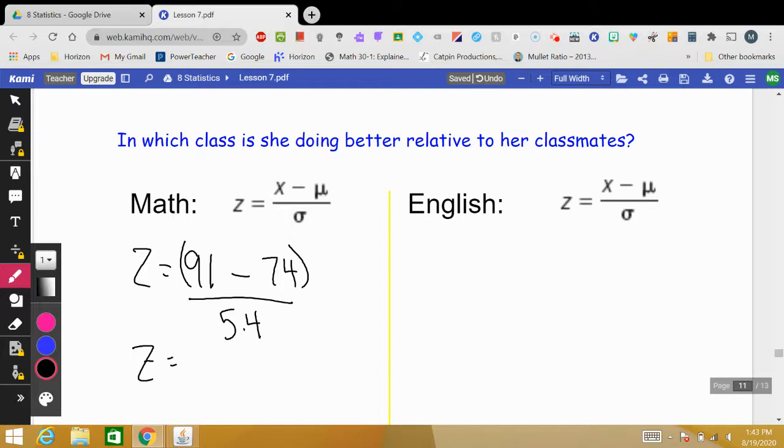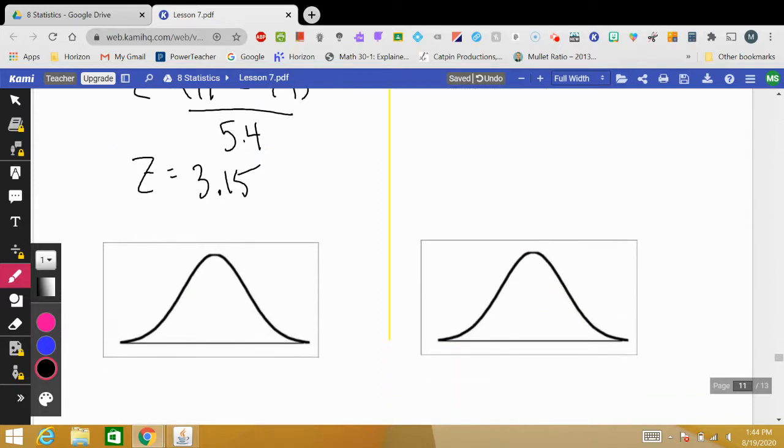So we're going to go 91 minus 74 divided by 5.4, and we get out 3.15. So in terms of this, she's actually an outlier. 1, 2, 3. So again, she's actually right here. She's well above the class average in math.